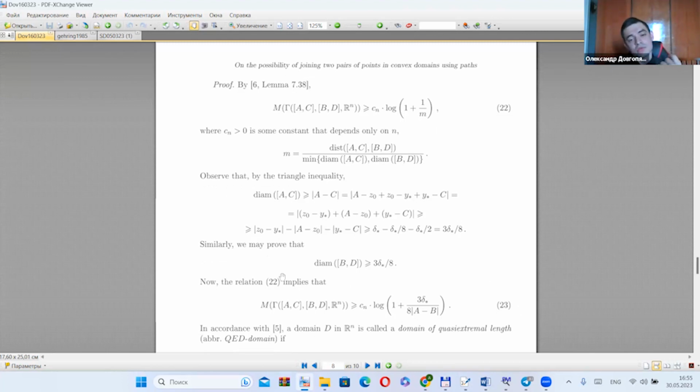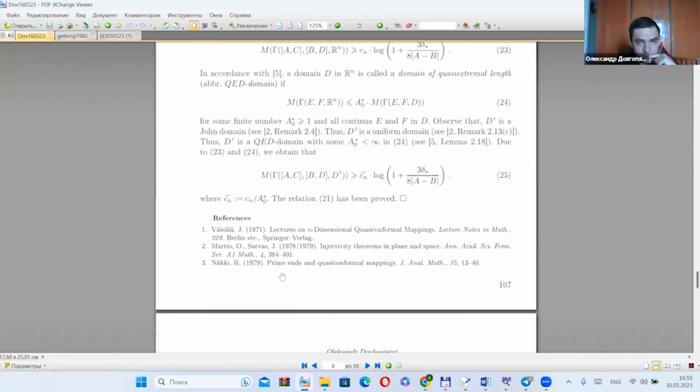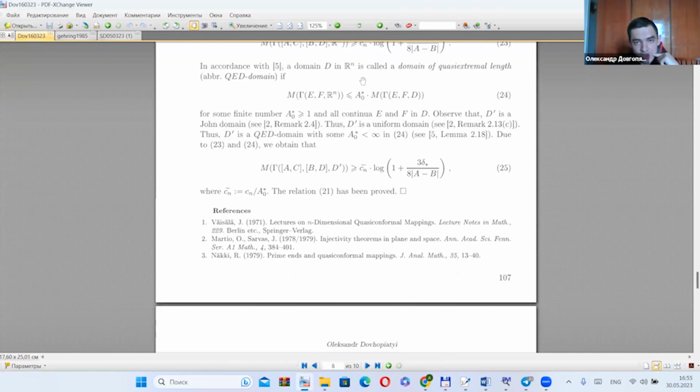And besides that, I want to recall some other definitions. A domain D is called a domain of quasi-extremal length if inequality 24 is true for a finite number A0 star, which is more or equal to 1, and all continua E and F in D. We can observe that D prime is a John domain because our domain is bounded and convex.